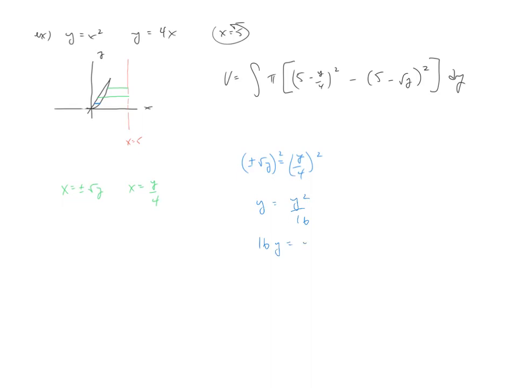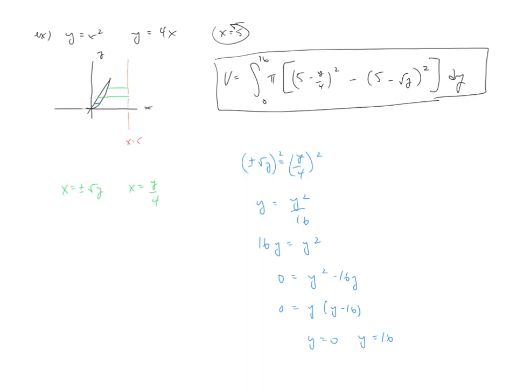Multiply the 16 over, move everything over to one side, factor out the y, and we get y equals 0 and y equals 16 out of all of this. Now remember, the 0 would be right here, which was to be expected. The 16 would be this guy up here. Okay, so when I drop those in, I get a 0 and a 16 there. This would be our setup for this particular problem. And when you compute it all, you get 64 pi as your final answer.